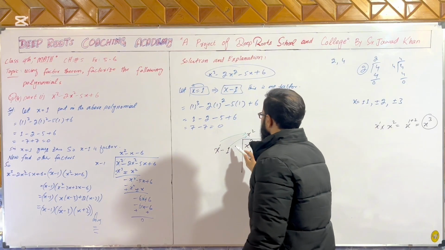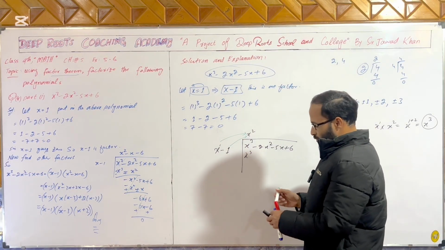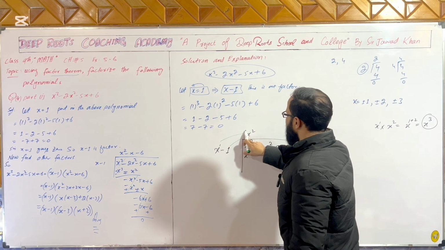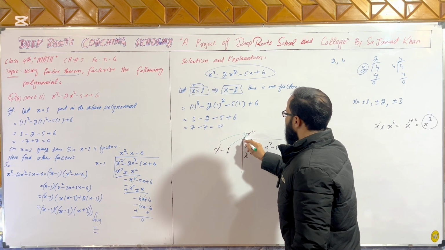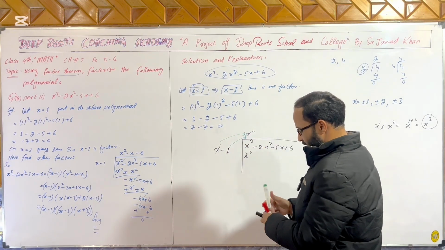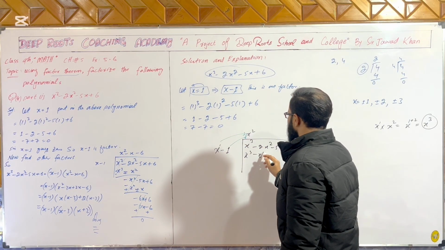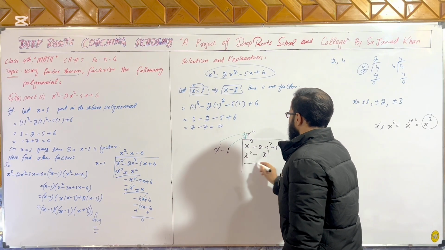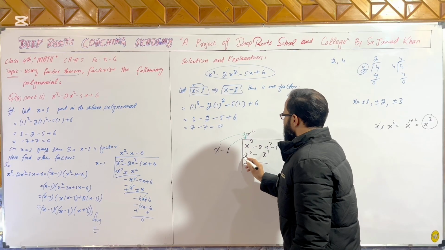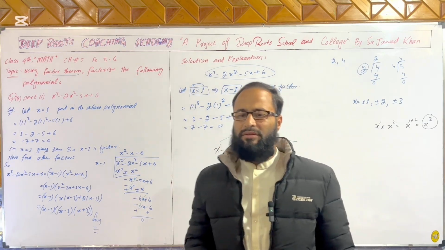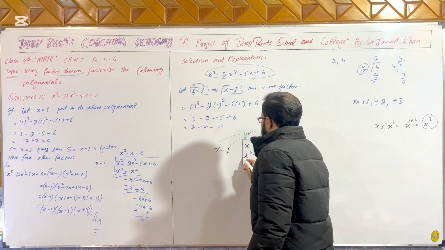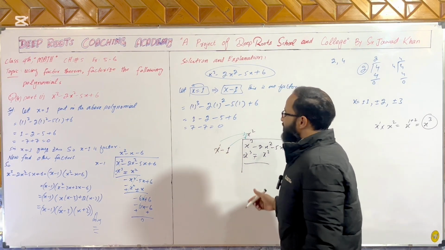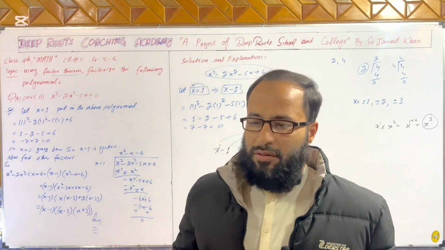Now if we multiply these two things with each other, now it's turn of minus 1. So minus 1 multiplied by here coefficient of the x is 1, so it will be multiplied with 1 and it will give us what? Minus x square. Here there is already plus sign, but we are not writing that, and here the minus sign will become positive, means the signs will be changed.